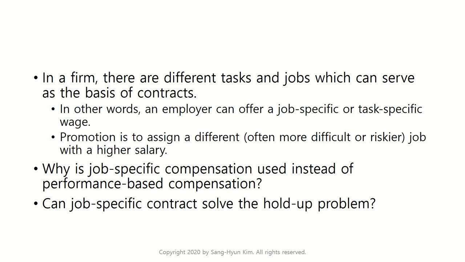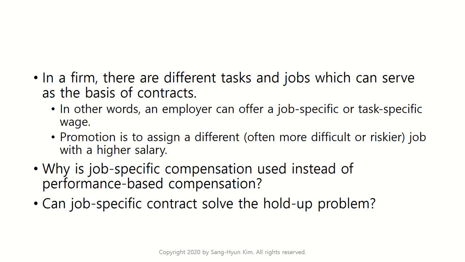Then the question is, why is job-specific compensation used instead of performance-based compensation? The answer is that performance-based compensation is not possible, because in some situations performance is not verifiable at all, and that will be the case in many organizations.